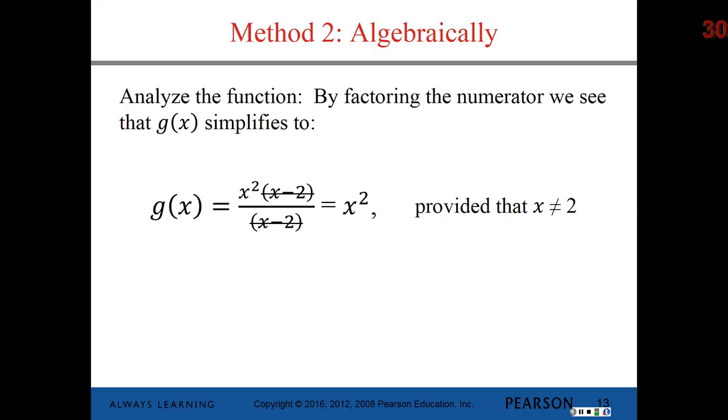So g of x is actually equivalent to x squared as long as you don't let x be 2. That's the one place where they part company. x squared can have x equals 2, but g of x can't have 2 as any of its domain values. Okay?